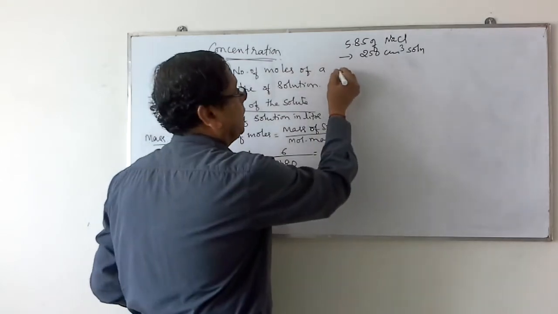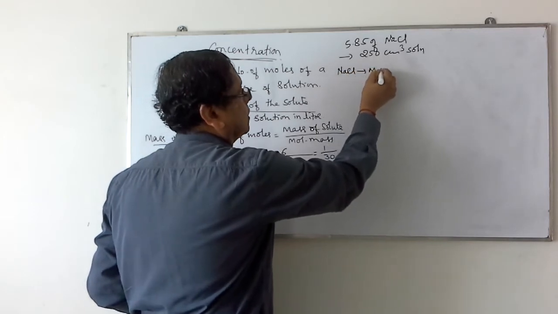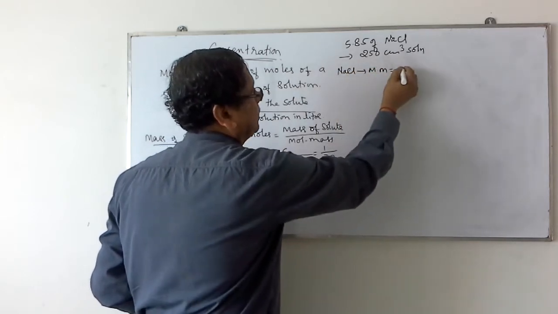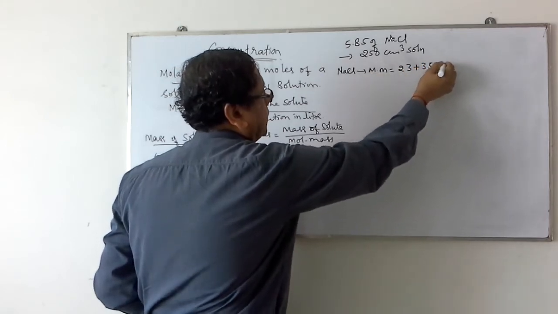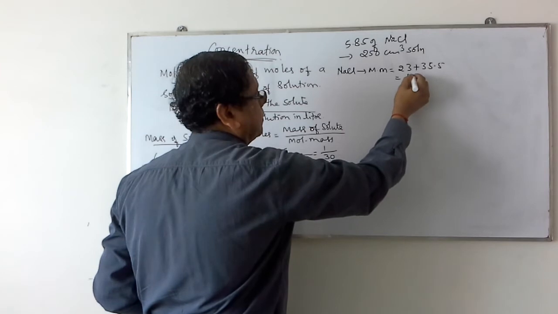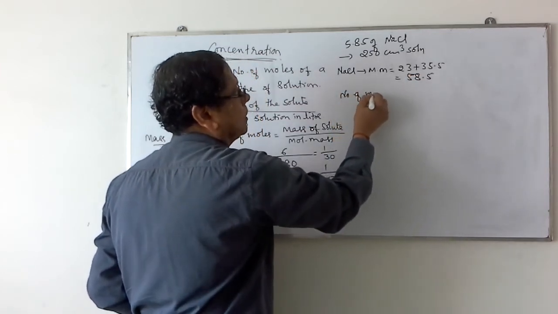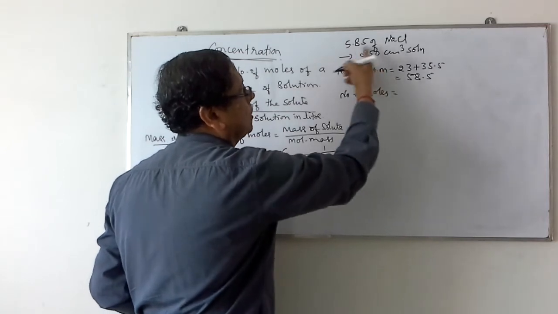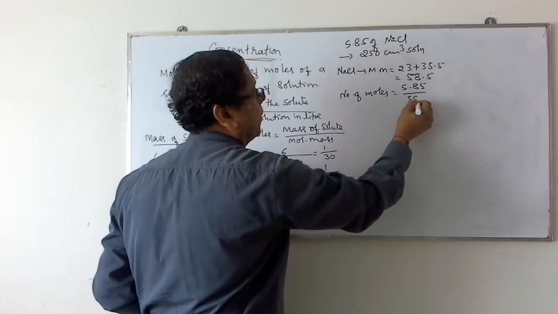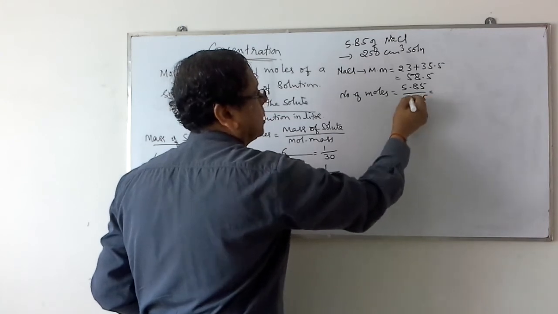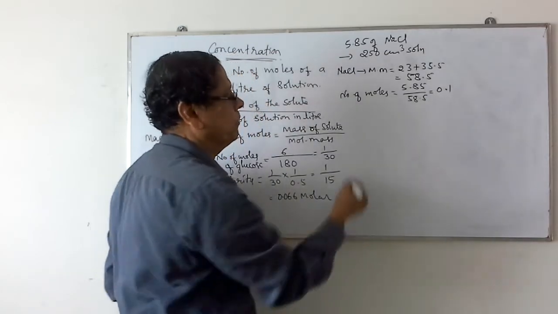Then first you take sodium chloride, molecular mass is equal to 23 plus 35.5. It is 58.5. Therefore number of moles is equal to 5.85 divided by 58.5. This is equal to 0.1.